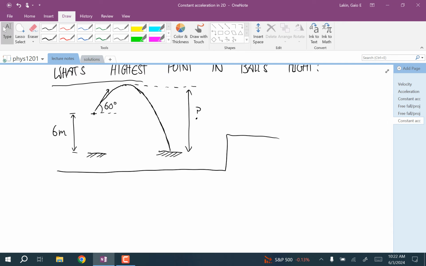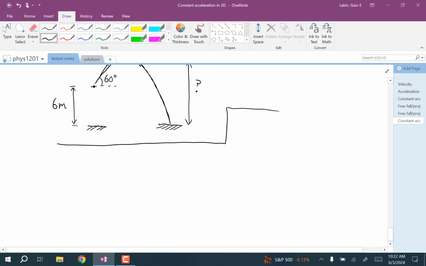Okay, so first let's figure out at the instant it's launched what the velocity vector is. We have to use that angle and magnitude. So this has a magnitude of 15, an angle of 60 degrees. If you want to visualize this right triangle, you can see that the horizontal leg is going to be 15 times the cosine of 60 degrees. And the vertical leg is going to be 15 times the sine of 60 degrees.